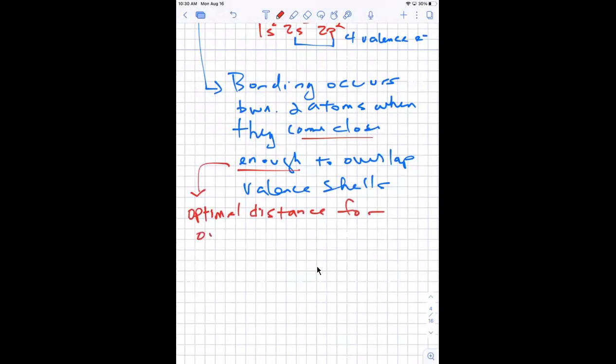Can somebody Google real quick the bond length for a carbon-carbon single bond, or sigma bond?